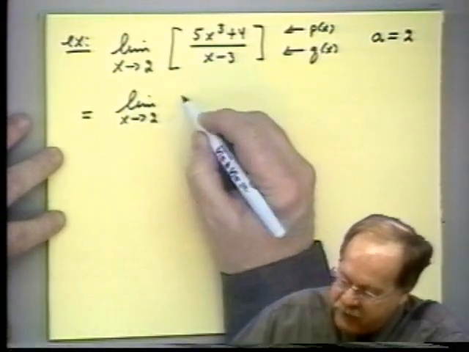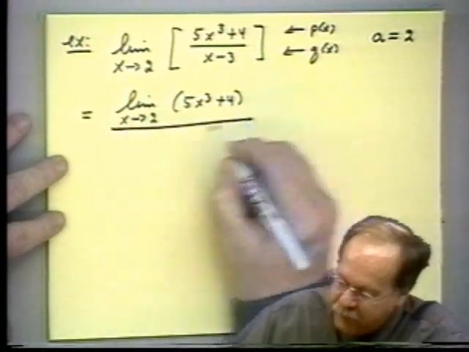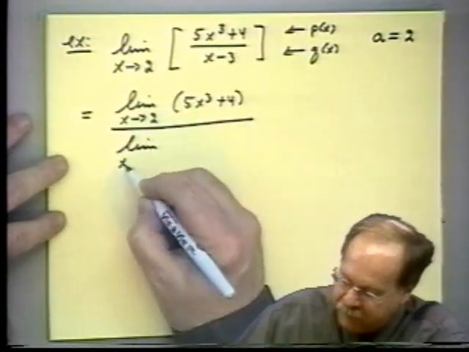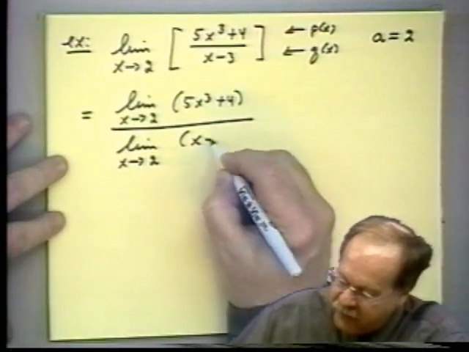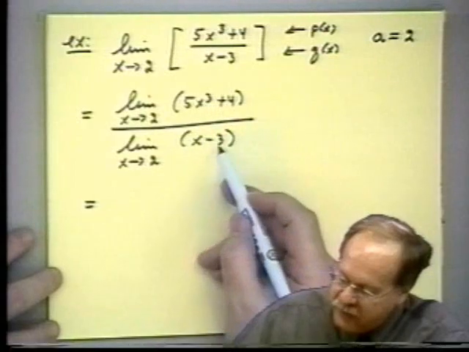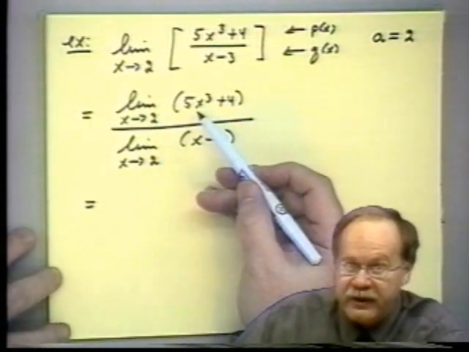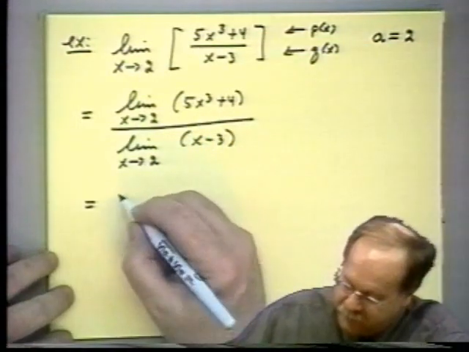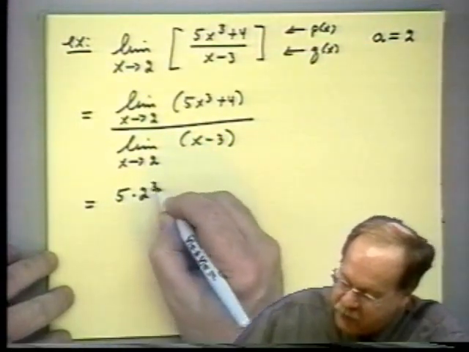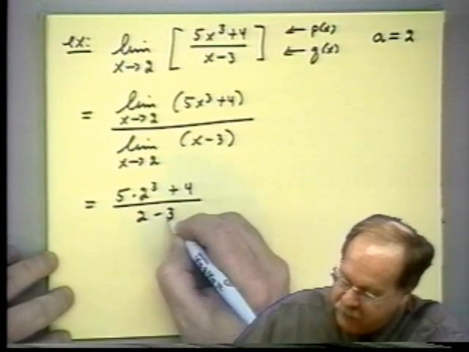The limit as x approaches 2 of 5x cubed plus 4. We take the limit of the top over the limit of the bottom, the limit as x approaches 2 of x minus 3. These are polynomials, and we know that for polynomials, limits like this are simply substitution, so we can substitute. So this is 5 times 2 cubed plus 4 on the top, and on the bottom we have 2 minus 3.